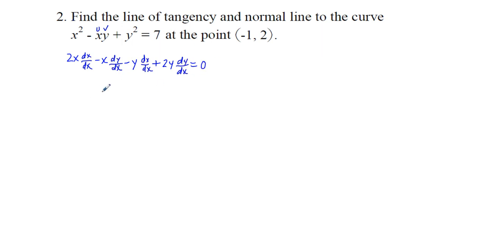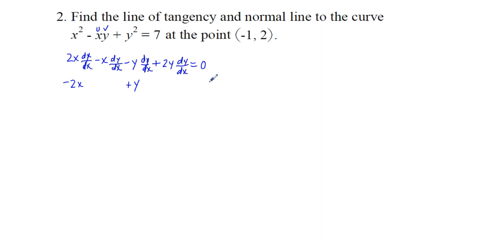And now we're going to take everything without dy/dx, and we see where we cancel dx over dx. And so we're going to subtract 2x, and we're going to add y.